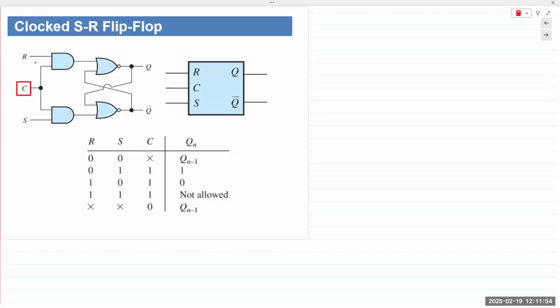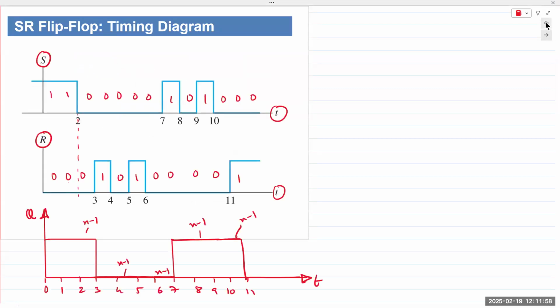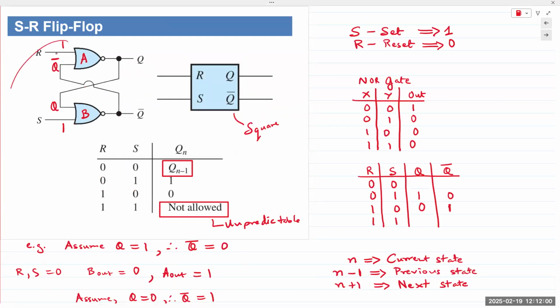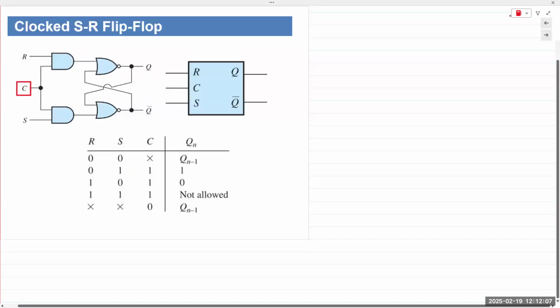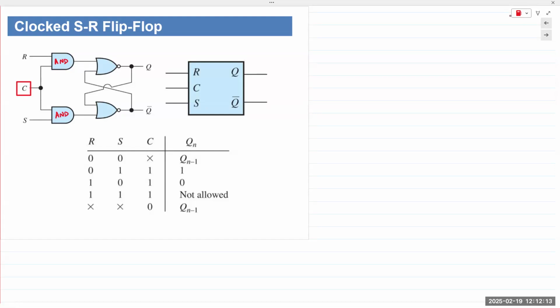For a standard SR flip-flop that is implemented, remember, the SR flip-flop was simply two NOR gates tied together. We add two more gates at the front, tie one of the inputs of each together, and we call it the clock signal.